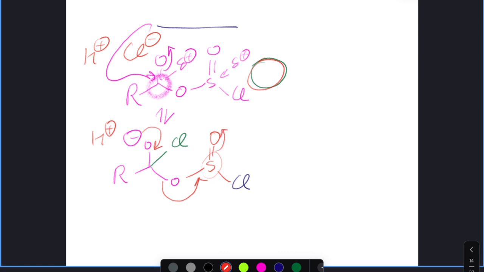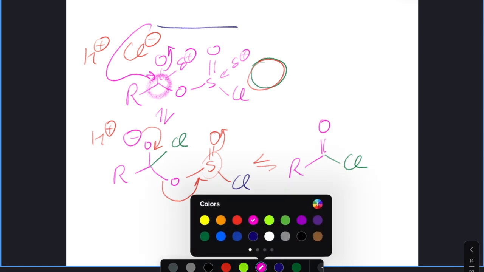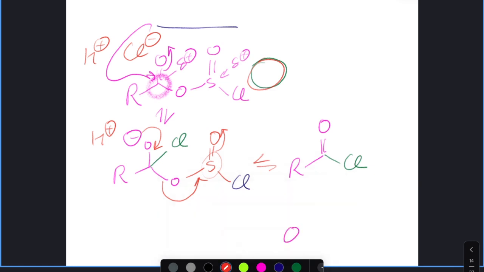So let me draw just that for a second. We now have formed our carbon-oxygen double bond. We've got our chlorine sitting over here. The fragment we've left over is going to be oxygen, sulfur, O minus, and we have a double bond that we just formed right there.